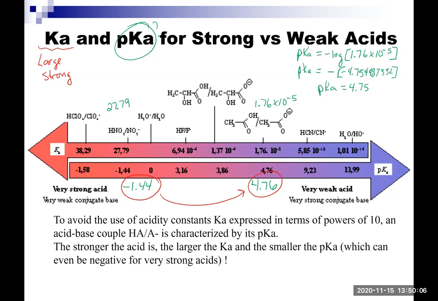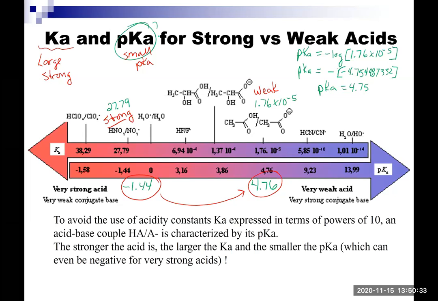But it looks like a strong acid is represented also by a small pKa relatively, because nitric acid is a strong acid. It's on the list of 6 strong acids that I told you to memorize, and acetic acid is a weak acid.